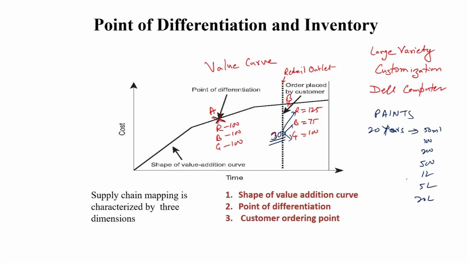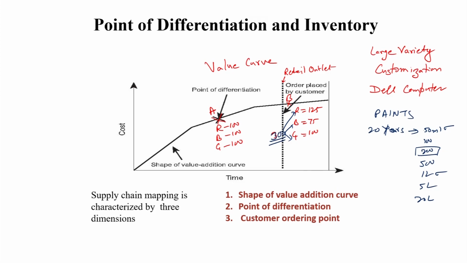In that case, you are keeping different shades, and there may be a case that a person has come to purchase 200 ml, but you do not have a 200 ml packing, you have either 50 ml or 1 liter packing. So, either he has to purchase 4 packings or he may have to purchase extra material also.